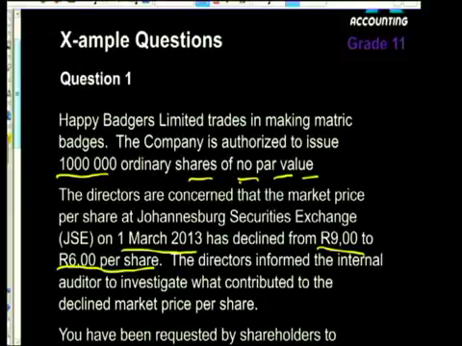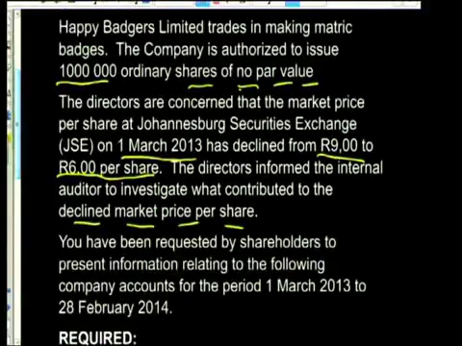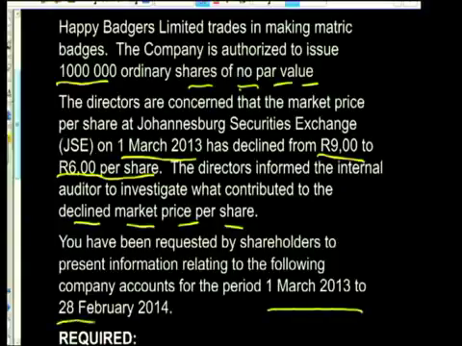The directors informed the internal auditor to investigate what contributed to the declined market price per share. Okay, you have been requested by shareholders to present information relating to the following company accounts for the period 1st of March 2013 to the 28th of February 2014.